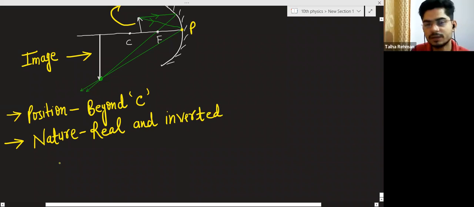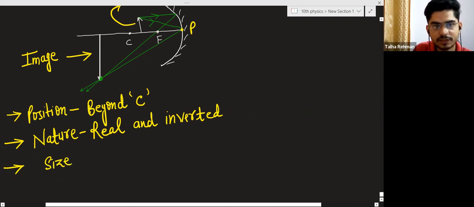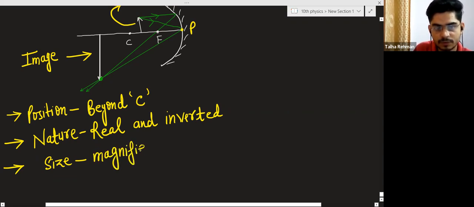Actually, we have done nothing. All the things are done by this mirror only. We are just writing the things. Size: larger than object. This is object and this is image. So we can say larger than object, or simply magnified. Magnified is also known as larger than object.